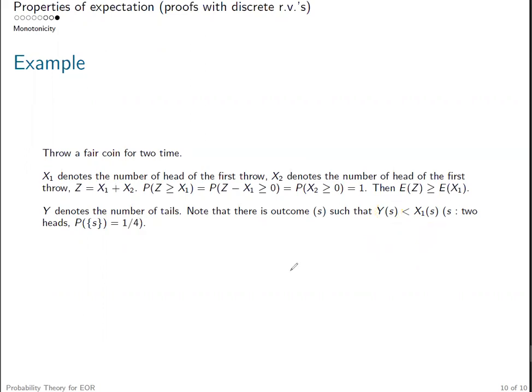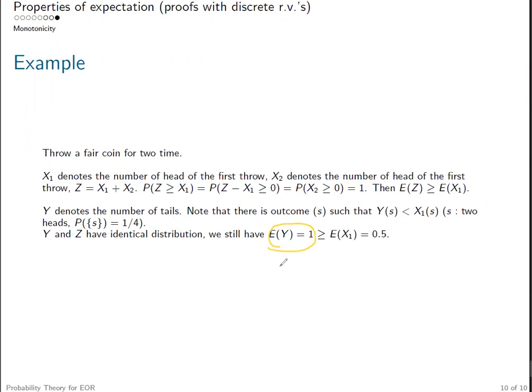But what happens to the average value here? You can pause the video at this moment and try to figure it out yourself. y and z, they have exactly the identical distribution, right? They have the same distribution. In this case, if you calculate directly, you'll figure out that the expected value of y is still equal to 1, because it's half probability to get a tail each time.